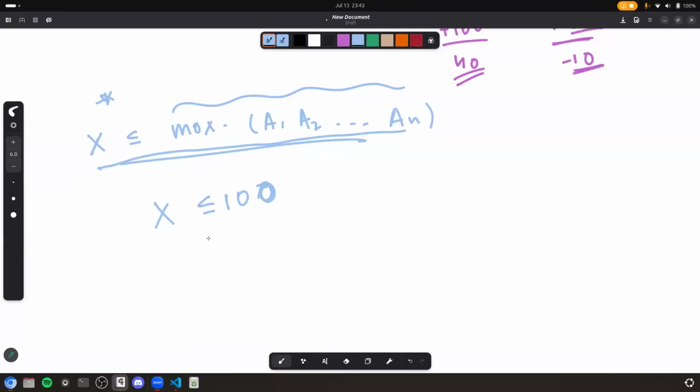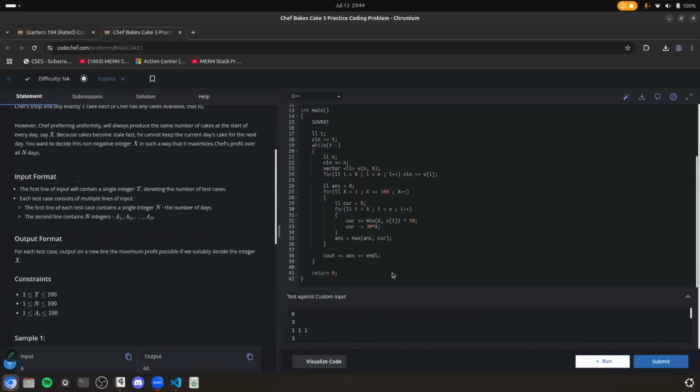So we can check for all X, from X equal to 1 to X equal to 100. And how do we check the profit for each X? Once we calculate the profit for each X, we can check the maximum profit and that would be the answer. So the profit for each X can be calculated like this.